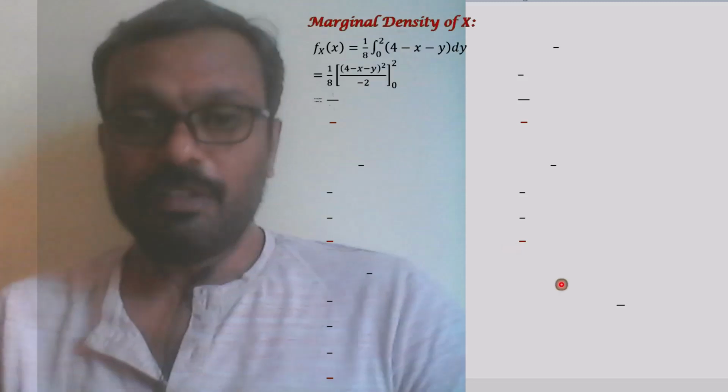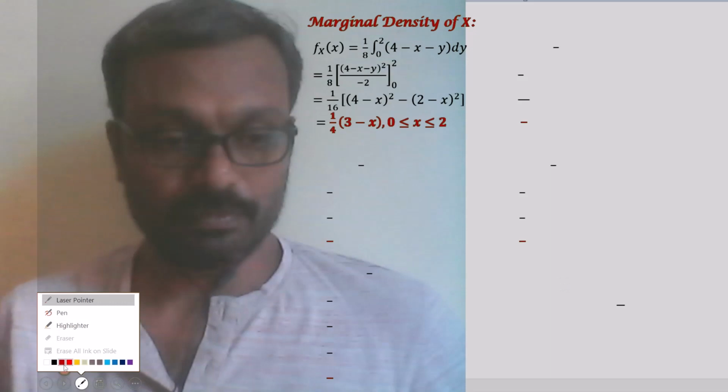So now let us compute the marginal density of x, and we have already plotted the region. Here we have to integrate the joint density with respect to y. Taking the vertical strip, the limit we get is 0 to 2. So integrating the joint density between the limits 0 to 2, we have the marginal density of x to be 1 by 4 into 3 minus x.